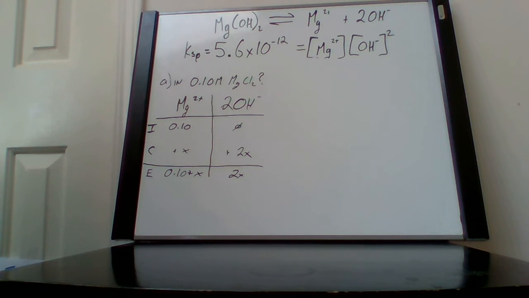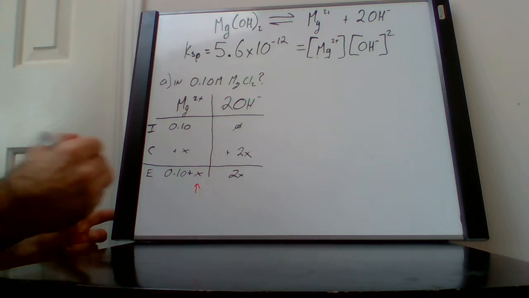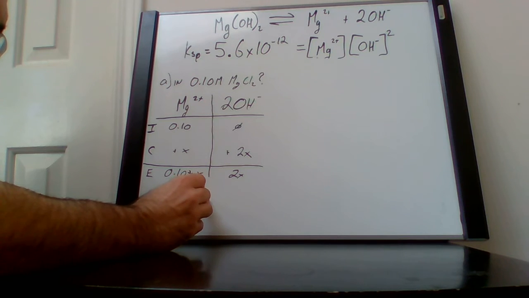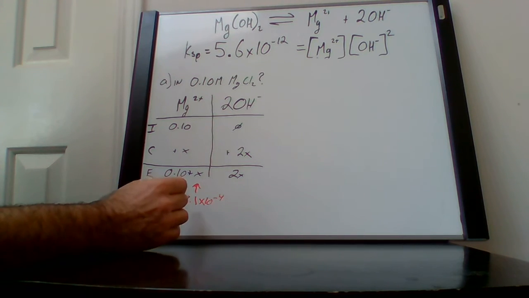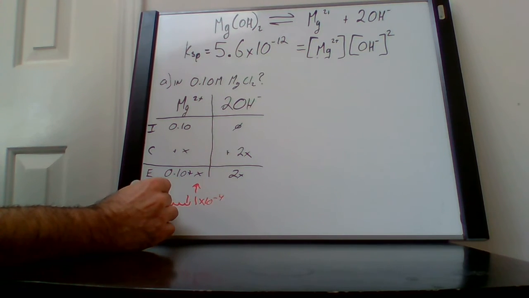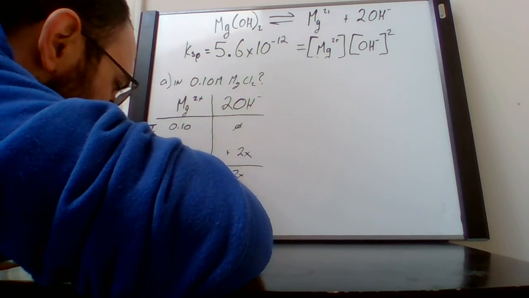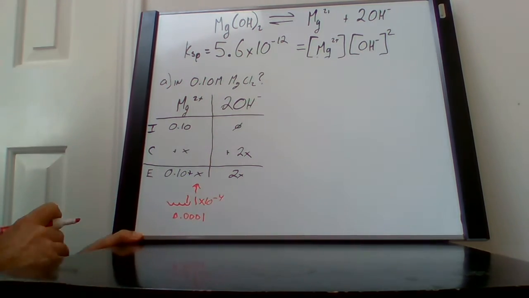Now if we take a look back at that previous example, this value of X is at most 1.1 times 10 to the negative 4. If we write that out as a decimal, we go 1, 2, 3, 4, so we're looking at 0.0001.